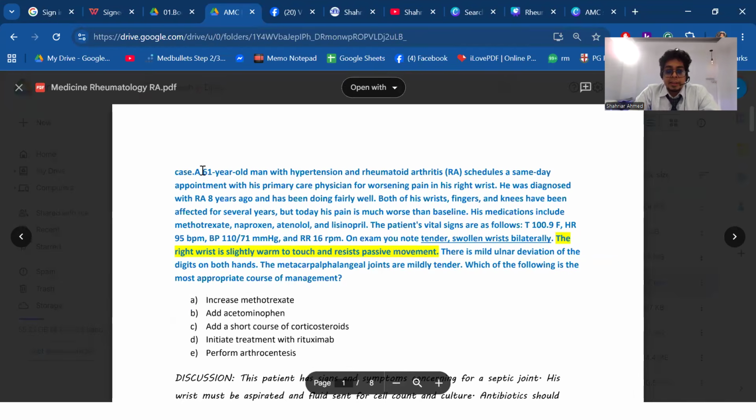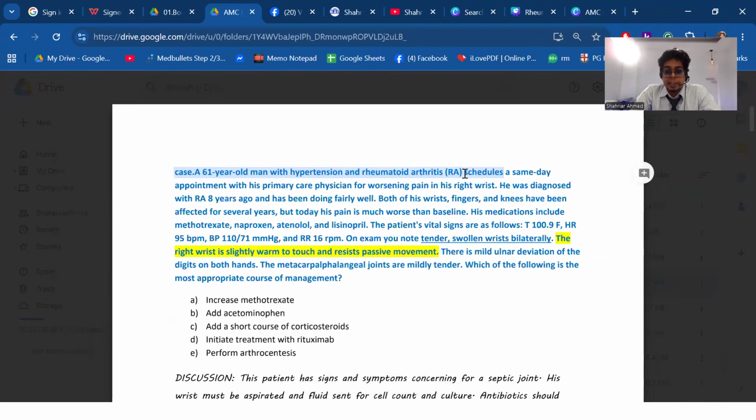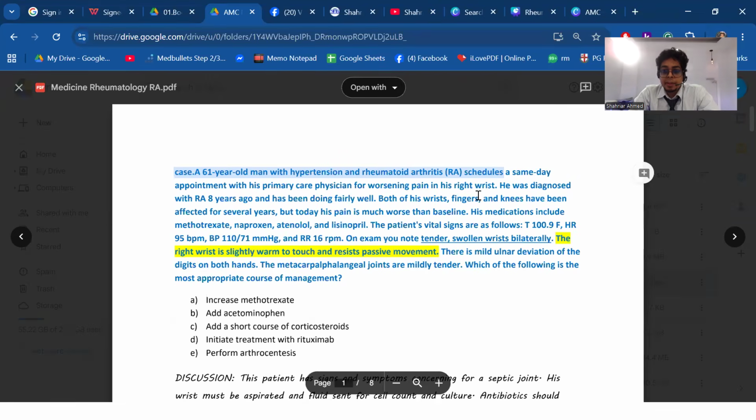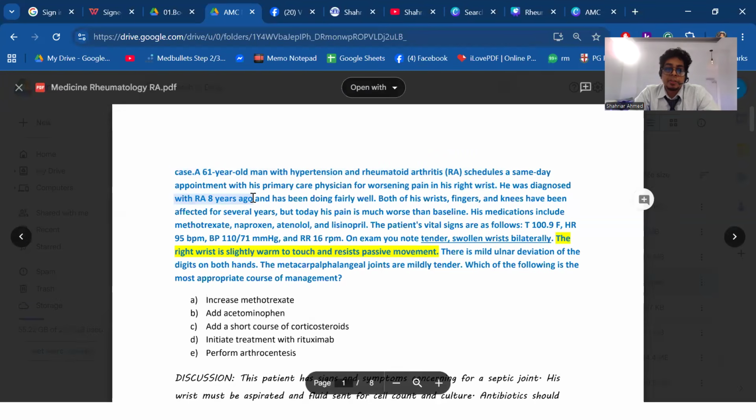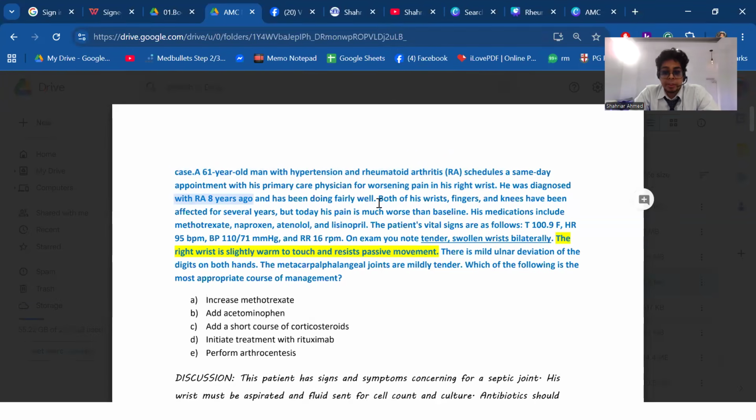Okay. A 61-year-old with hypertension and rheumatoid arthritis went to the GP with worsening of the right wrist. He was diagnosed with rheumatoid arthritis 8 years ago. Okay, so it's a known case. Both fingers and knee have been affected for several years, but his pain has been worse than ever before, than baseline.